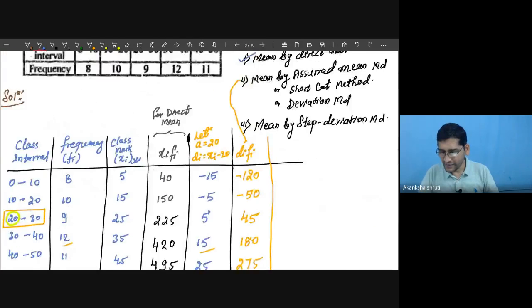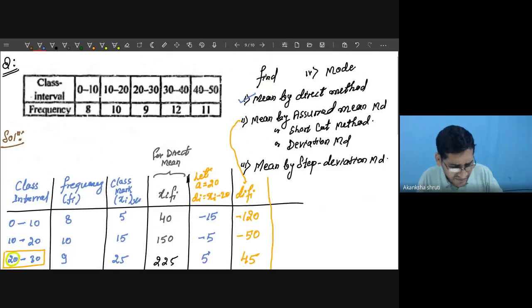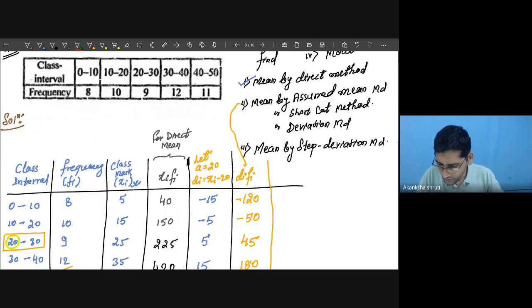So this Ui we need to calculate. So this step I am going to do here. So right now, Ui. How is this Ui calculated? The formula you have to write. So whatever the Di, or Xi minus 20, divided by 10.